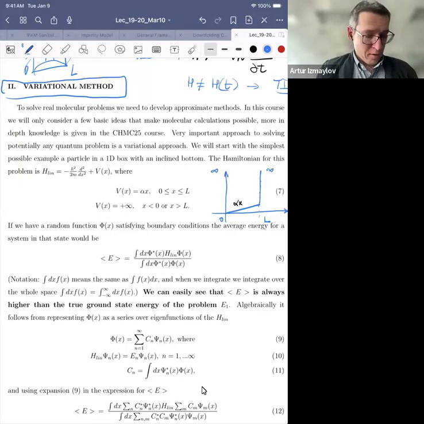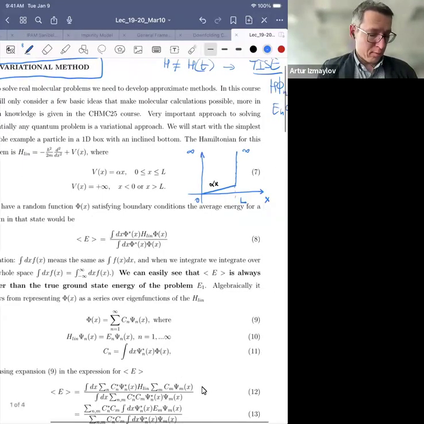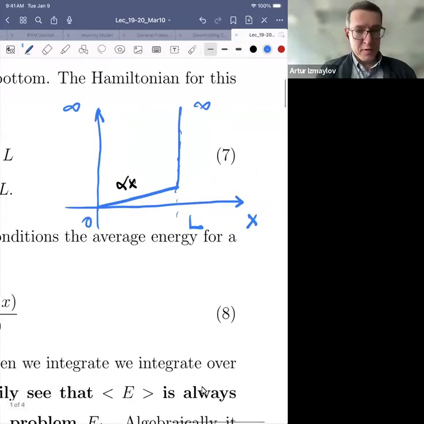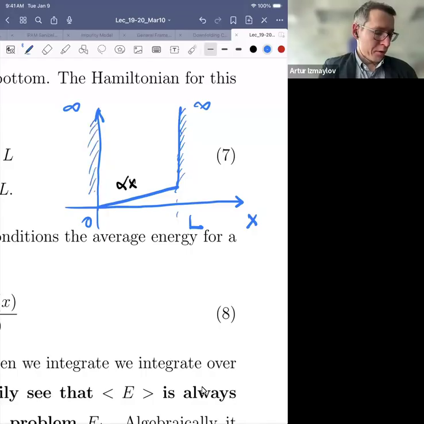To give you a very simple example, consider a potential that is not very far from the particle in a box, right? We have the box setup, with walls where the potential is infinite outside the 0 to L region. And inside the box, we no longer have a potential equal to 0.